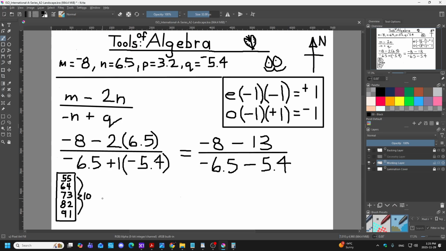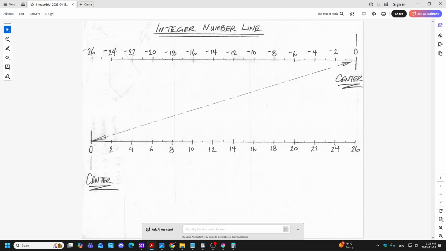All right, let's continue the work. Just bringing it down here now. So 7 to 20, we're increasing because both the signs are the same. I could show it here, I guess.